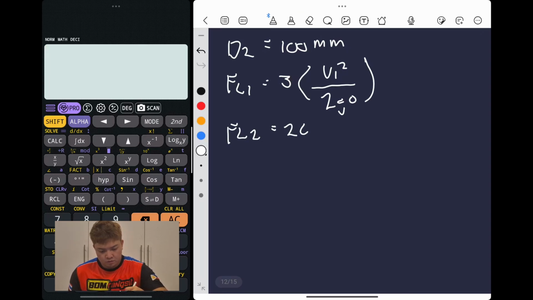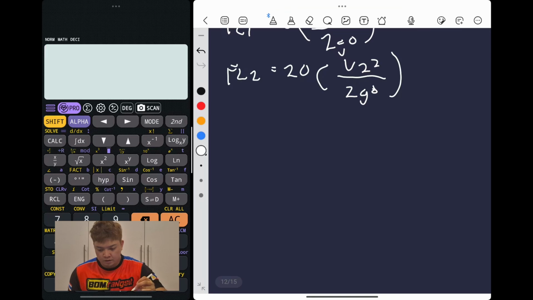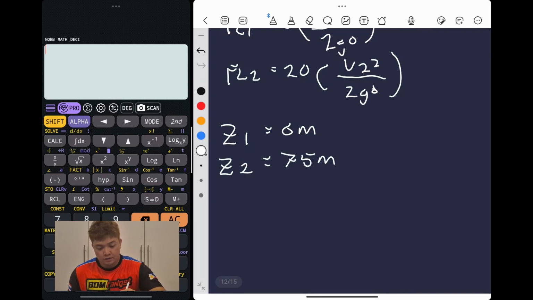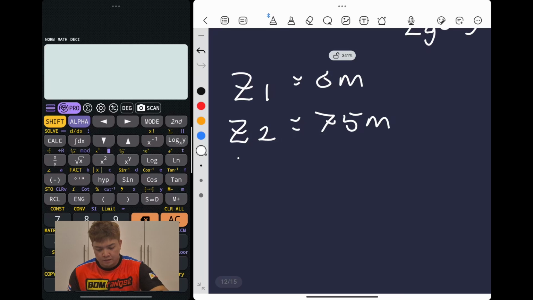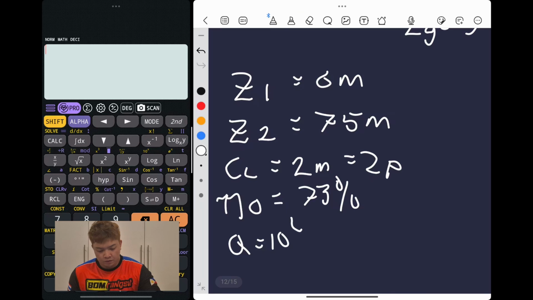Then friction loss 2 is 20 V2 squared over 2g. Then our elevation is 6 meters, then Z2 is 75 meters. Then we have ZP or the centerline. Centerline is equals to 2 meters, ZP na guys. Then efficiency is 73%. Then volume flow rate natin is 10 liters per second.